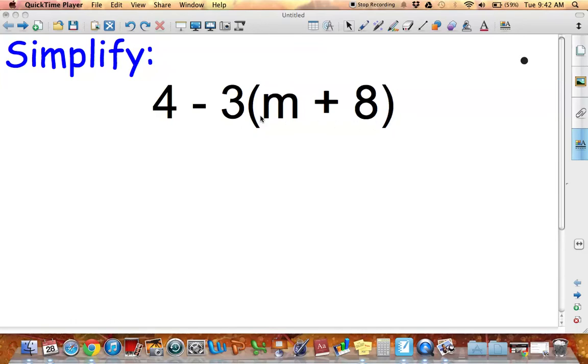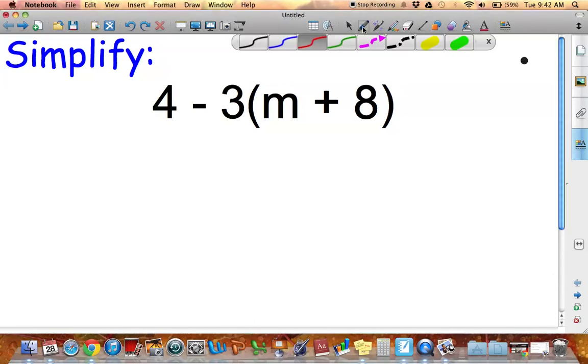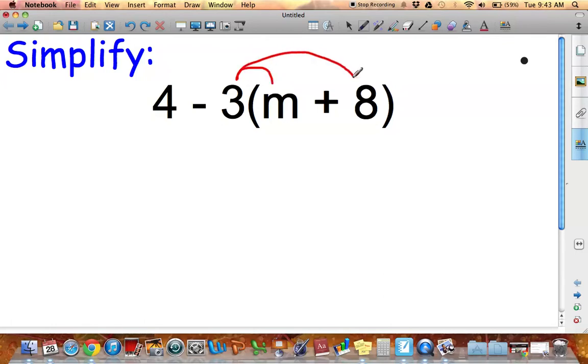When you're looking, you see that you've got this 3 sitting right outside the parentheses. So in class, we talked about how this 3 needs to get distributed to both terms inside the parentheses. Now one thing you need to be exceptionally careful about is that 3 sitting in front of the parentheses is not a positive 3.